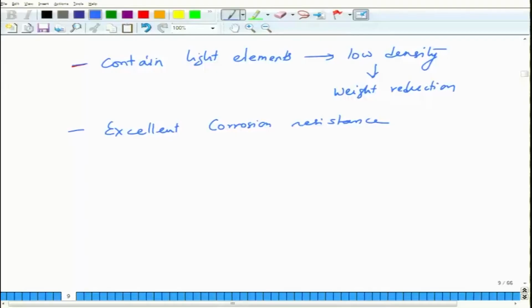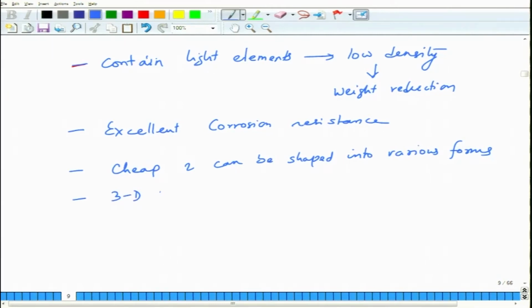They are also cheap because they can be formed at lower temperatures, the processing is easier, and they can be shaped into various forms. In fact, 3D printing nowadays, which is a very important manufacturing method that has revolutionized manufacturing, polymers can be 3D printed very easily. So, they have 3D printability.